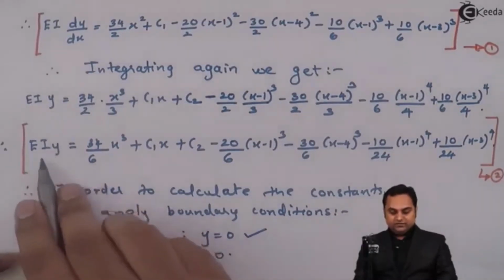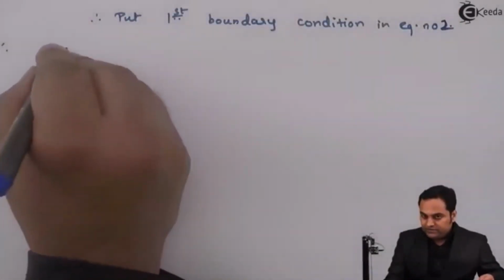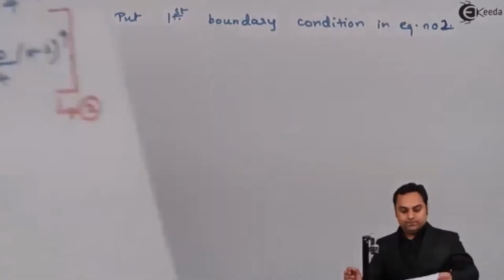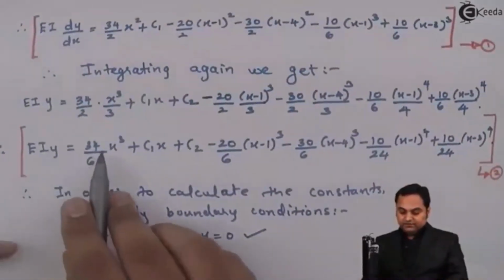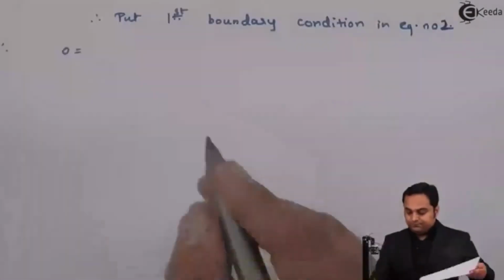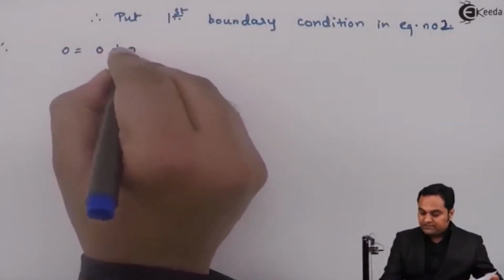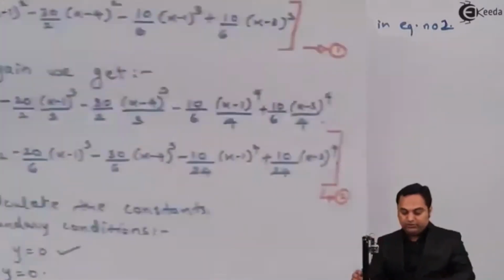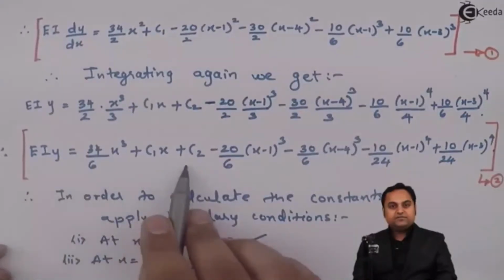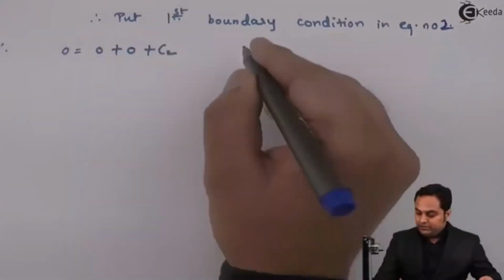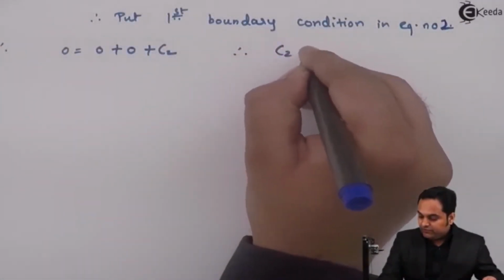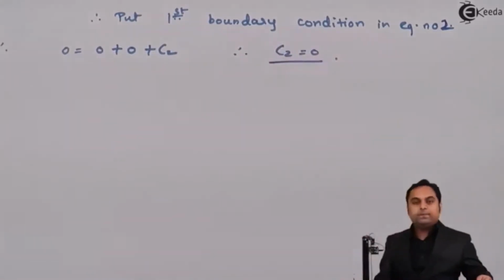So if I put y is equal to 0, left hand side is 0, is equal to, on right hand side this term will become 0 plus c1 into x is 0 plus c2. We have to take it only up to c2, that is the first boundary condition. So from the first boundary condition c2 comes out to be 0.